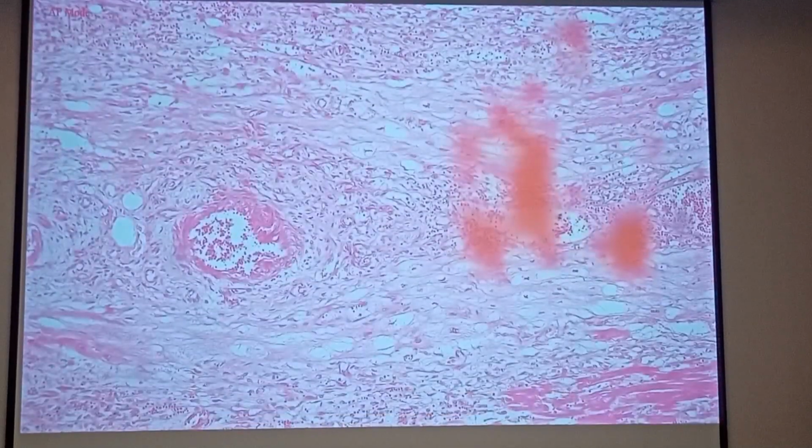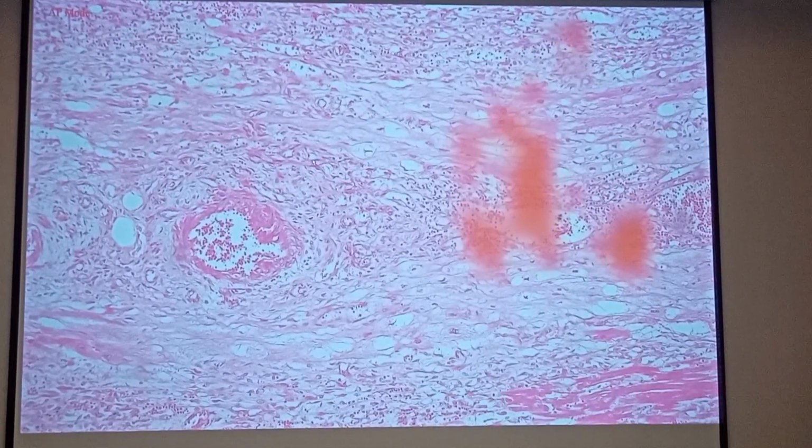Capillaries, or even these larger blood vessels. So capillary caliber vascular channels, which I think are the beginnings of a new vascular channel system forming here. And this is essentially known as angiogenesis. So technically, I can see angiogenesis here.